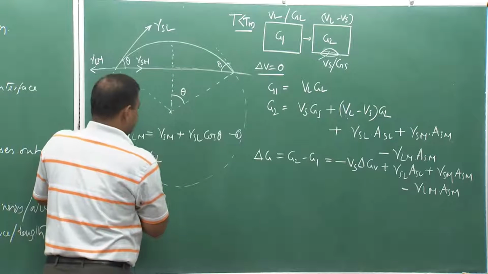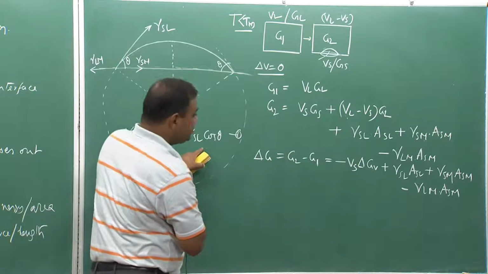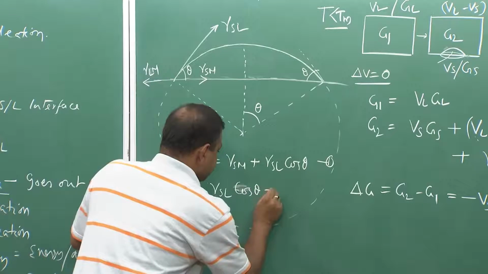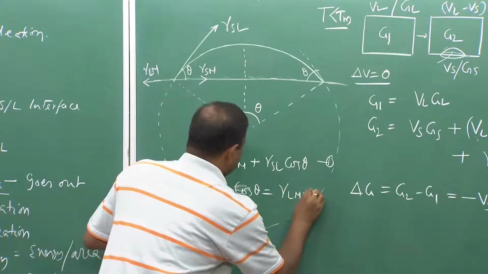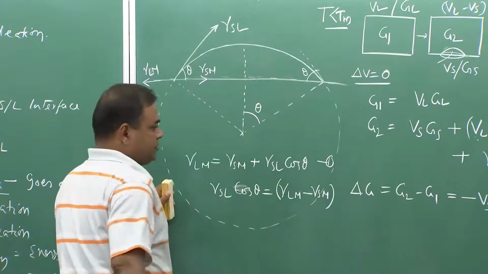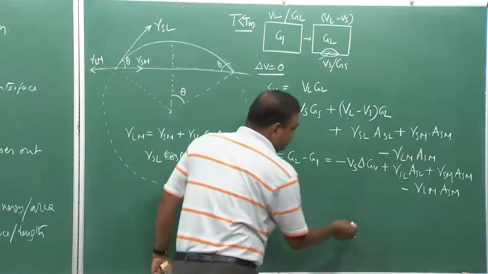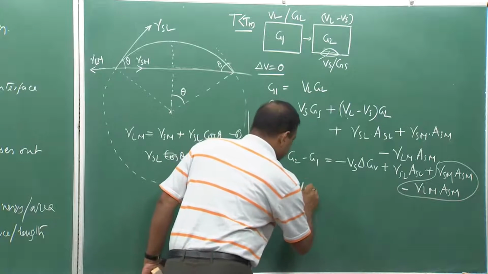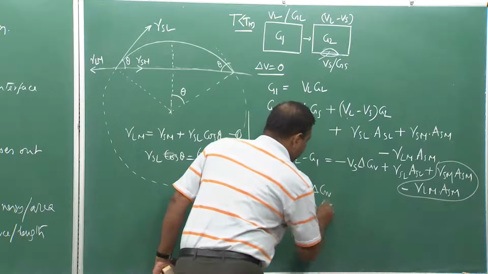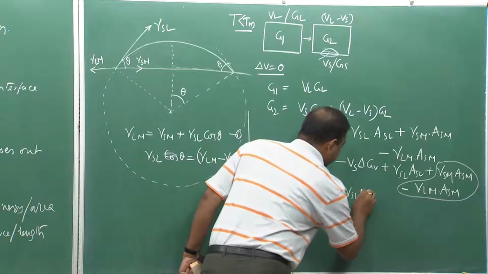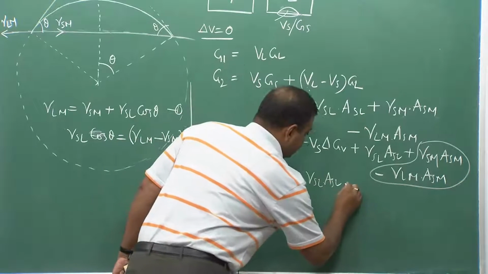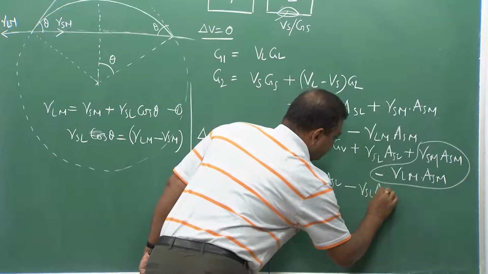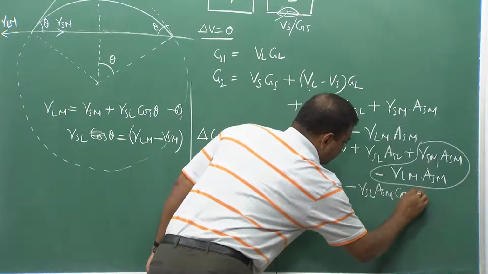So, gamma S L would be equal to, we can do it like this, cos theta would be, so I can replace this term with cos theta.